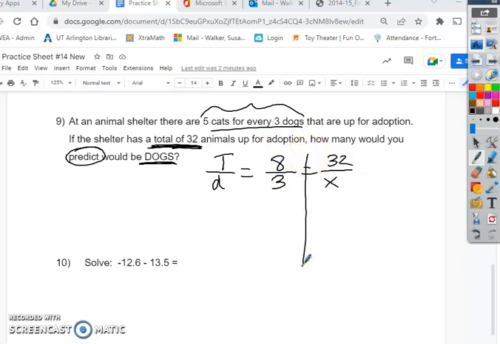And I want you to cross multiply this or solve for x, however it is, and figure out what the number of dogs would be in that shelter. Okay. Number 10. You can tell this is an add subtract problem. So starts to the left, normal subtraction moves to the left, same sum add to the left.